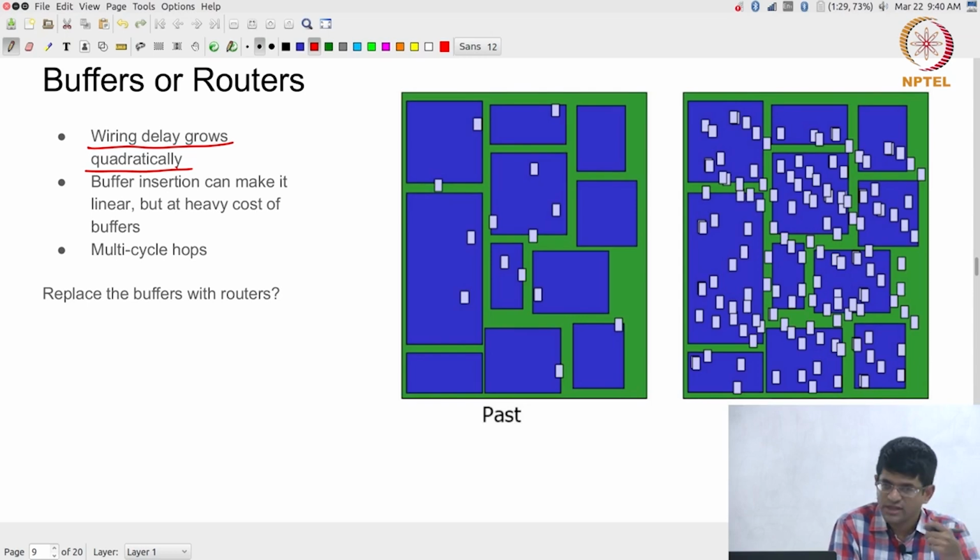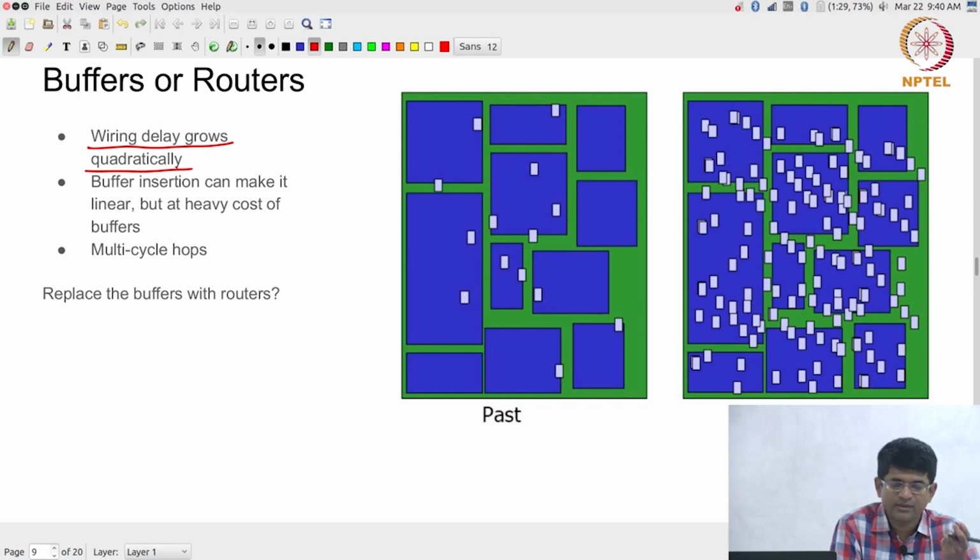Okay? What is usually done is you insert buffers. Okay? Those of you who have done digital IC design, you will know that there is this optimal buffering that can be placed, right, which allows you to reduce the overall delay through a long wire. Okay? But that's not easy to do either, and those buffers themselves are expensive.